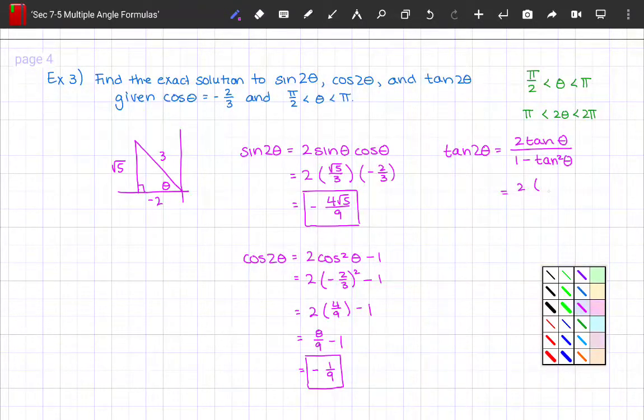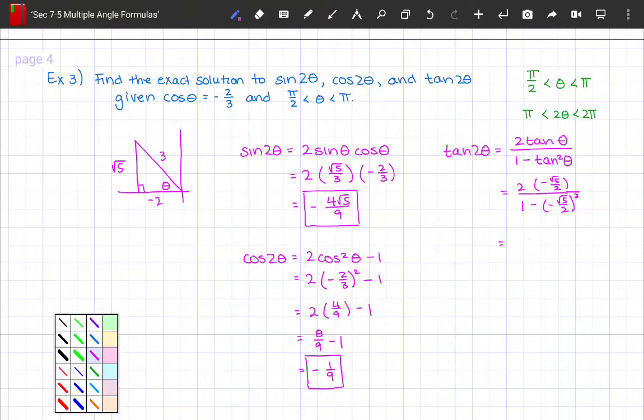And we can see from the picture, tangent theta is negative root 5 over 2. And 1 minus tangent theta, which is also negative root 5 over 2, but this is squared. All right, let's see what happens now when we simplify this. The numerator, we're just going to get negative root 5.